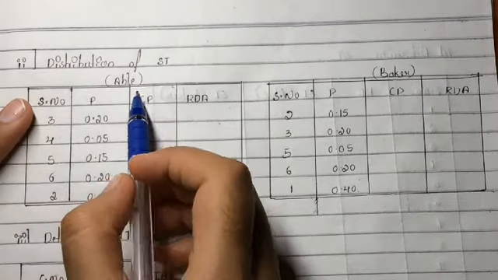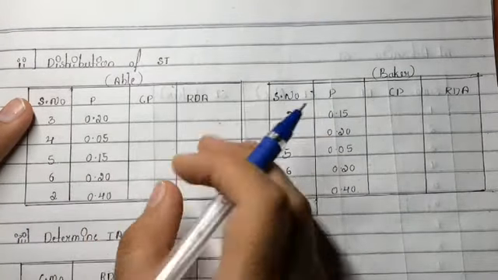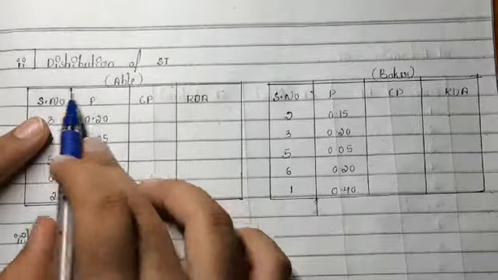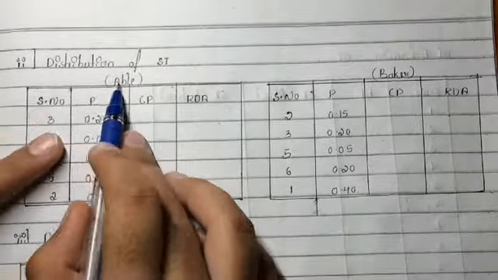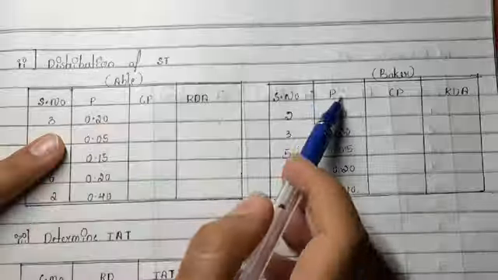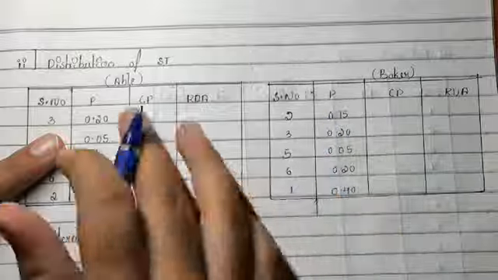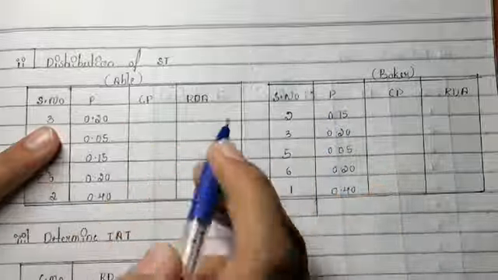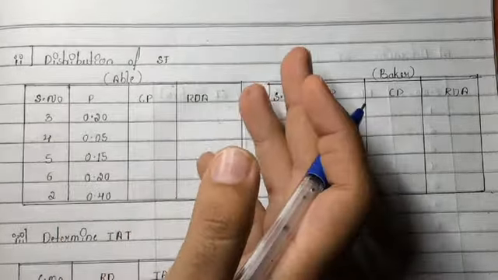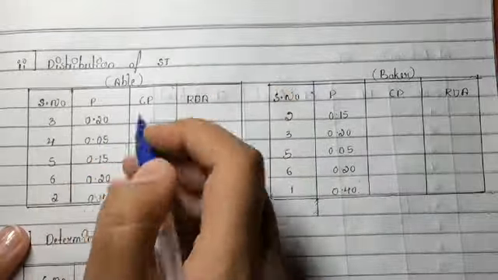For Abel the table is here, for Baker the table is here. We need to calculate them separately because the probability values for Abel and for Baker are given separately. Next, the cumulative probability can be calculated the same way as in step 1, just by adding.